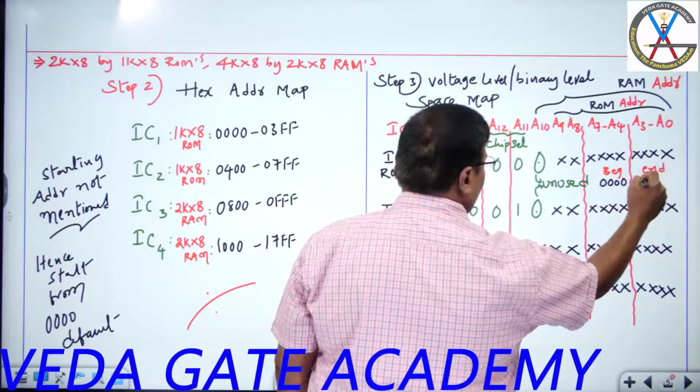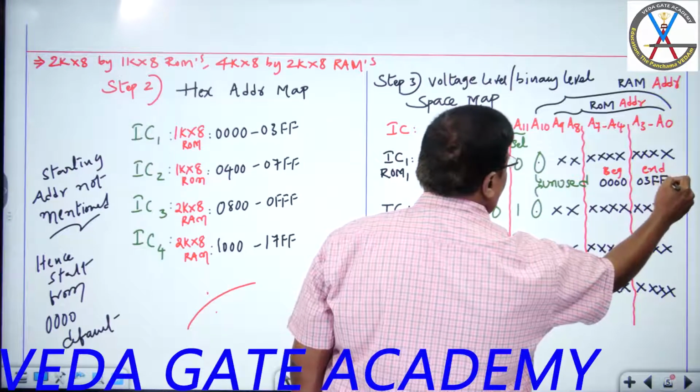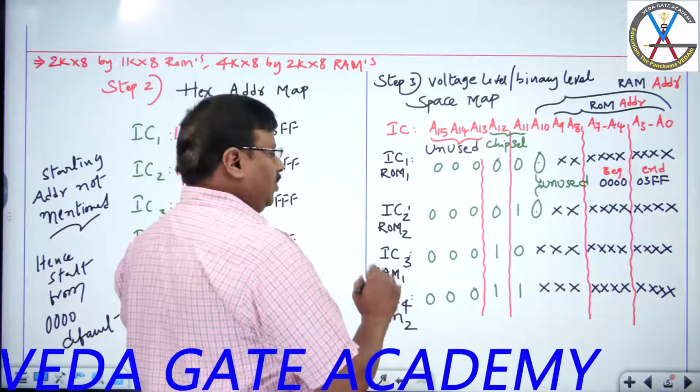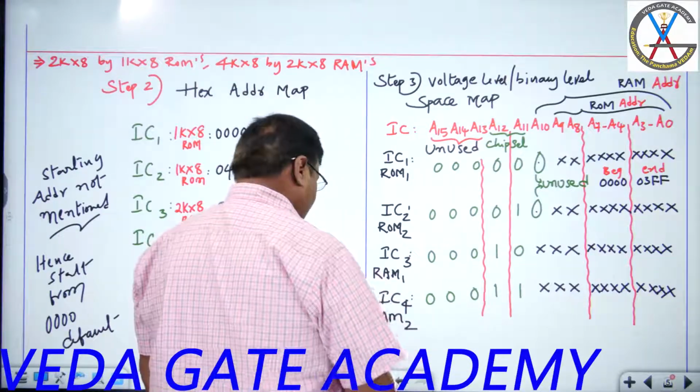Ending: keep x equal to 1, so 3FF. So whenever you calculate the beginning address, keep don't care as 0. Calculating the ending address, keep don't care as 1. That is a formality anyhow.